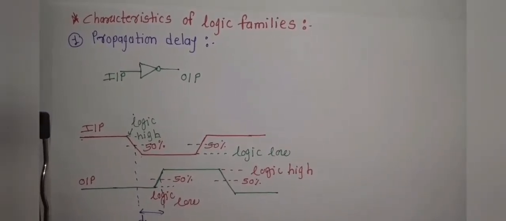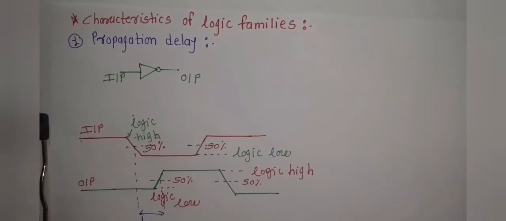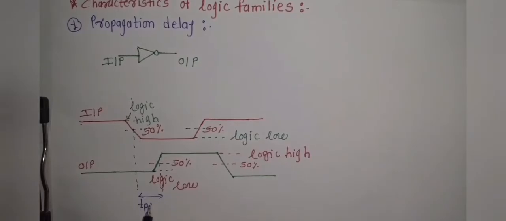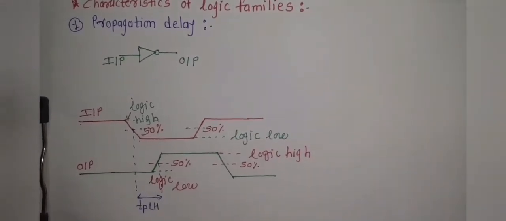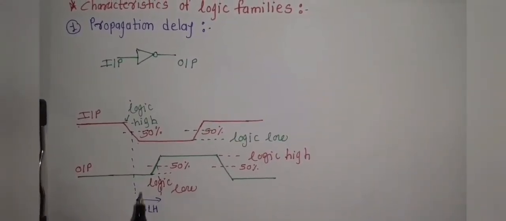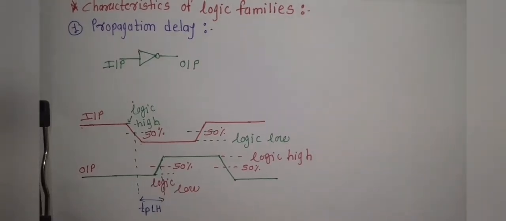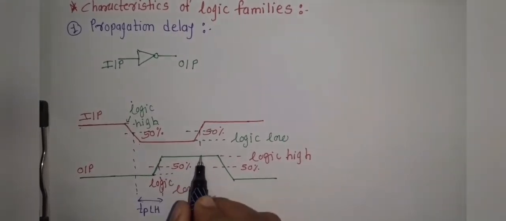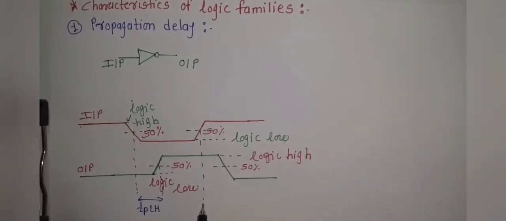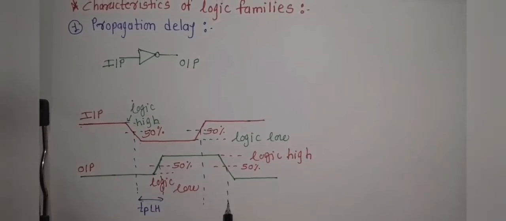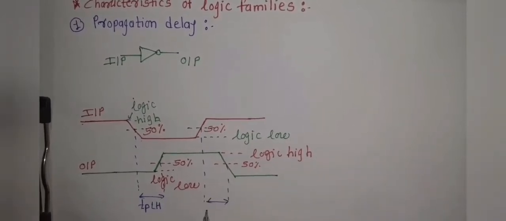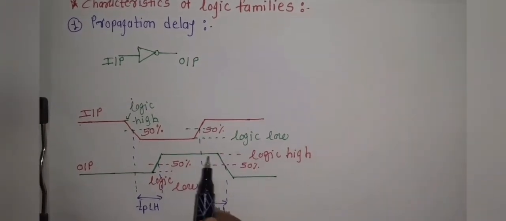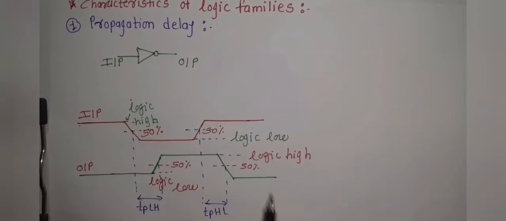This propagation delay is referred to as TPLH, meaning low to high, that means output goes from low to high. And this difference is called propagation delay high to low, TPHL, that means output goes from high level to low level.